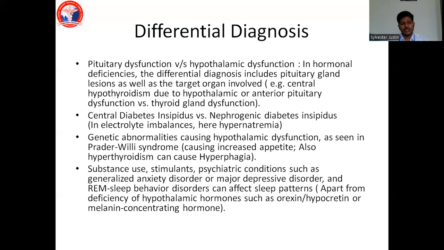We have to send the correct hormonal profile and interpret it to come to a correct diagnosis of whether it's the hypothalamus involved, the pituitary involved, or the other endocrine organs further downstream involved, which is causing the problem. And based on that, we can do the treatment.